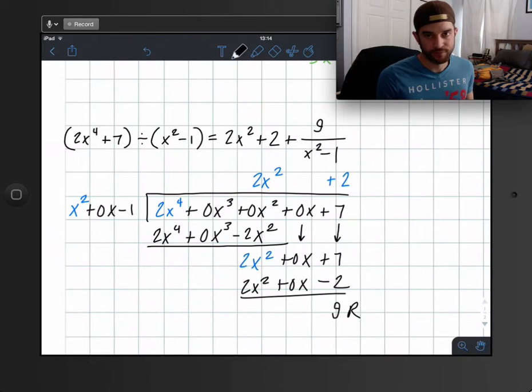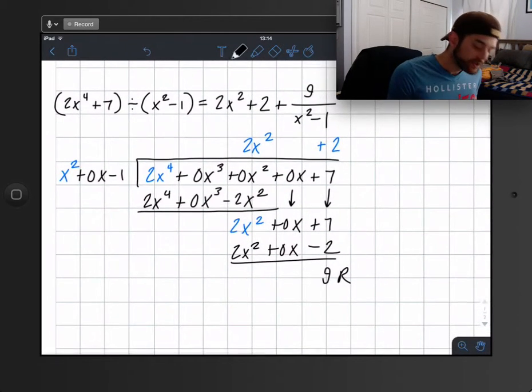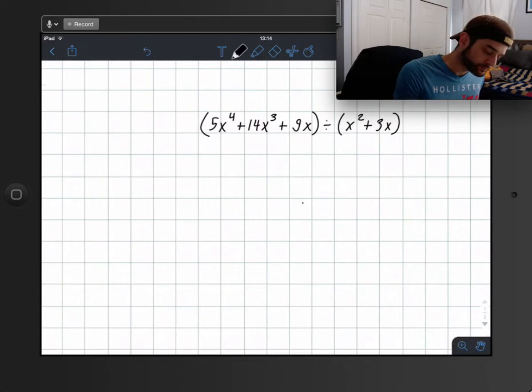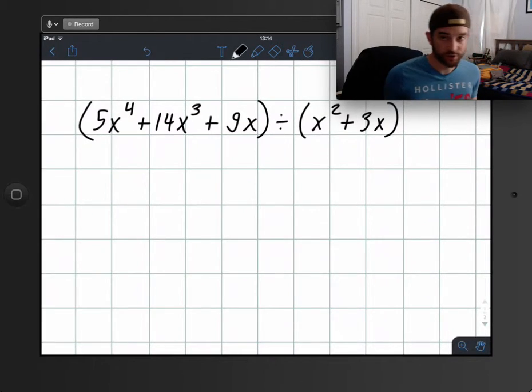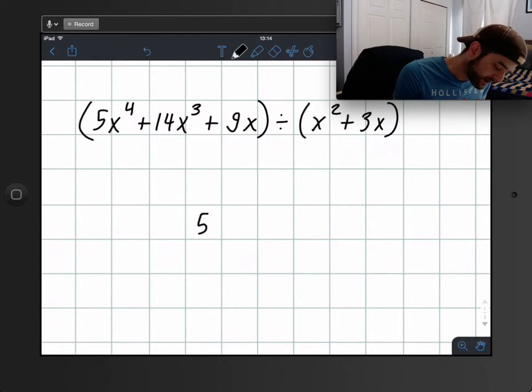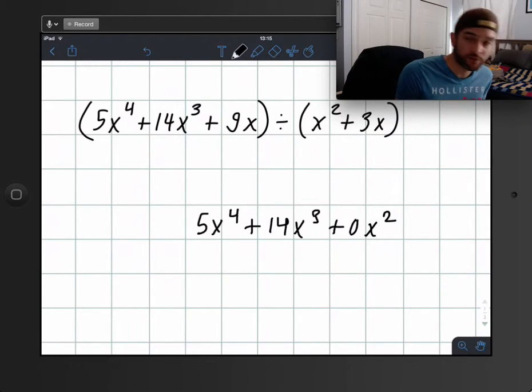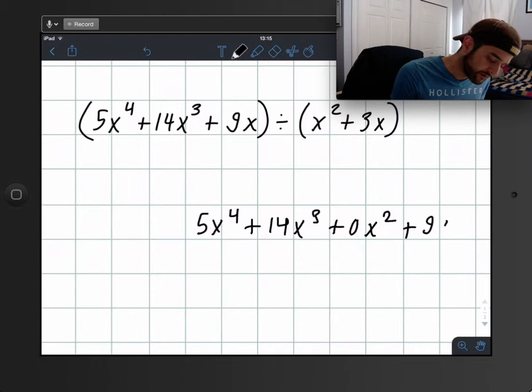So that's my quotient. So let's skip over to this example where I have 5x to the fourth plus 14x cubed plus 9x divided by x squared plus 3x. So you'll notice there are terms missing in both the dividend and the divisor. So I have 5x to the fourth plus 14x cubed plus 0x squared, because there's no x squared, plus 9x.